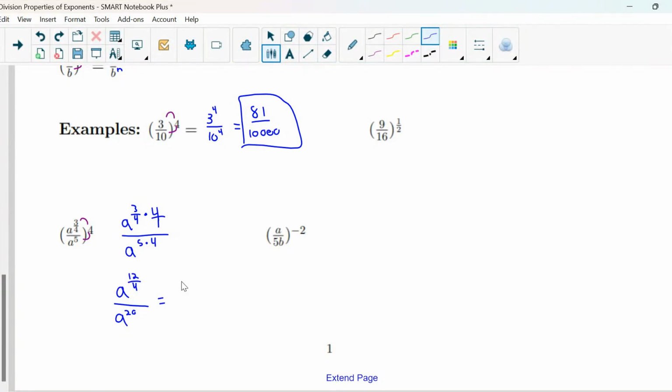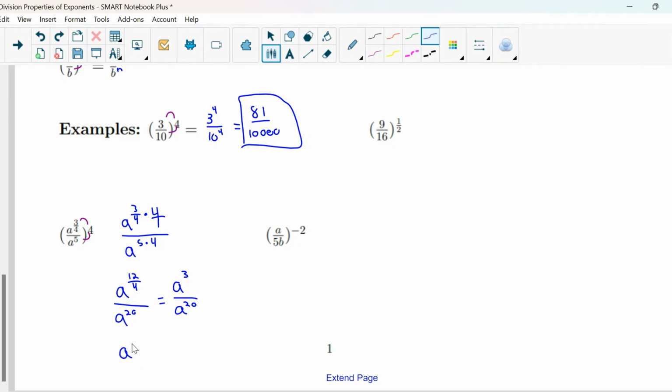Okay, I'm going to simplify my fraction, 12 over 4. 12 divided by 4 just gives me 3 over a to the 20th power. And I can actually simplify this one step further. Since both of my exponents have a like base, I can go ahead and divide them. Remember, when you are dividing exponents, you are just subtracting.